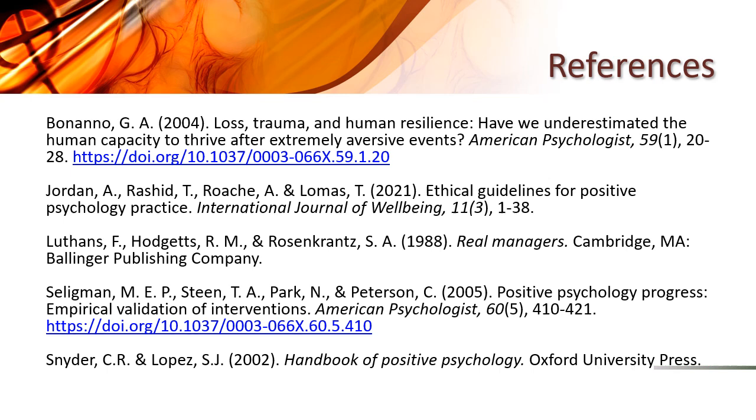And Luthans, Hodgetts, and Rosenkrantz, 1988. Real Managers, Cambridge, MA, Ballinger Publishing Company. And Seligman, Steen, Park, Peterson, 2005. Positive Psychology Progress, Empirical Validation of Interventions. Finally, Snyder and Lopez, 2002. Handbook of Positive Psychology, Oxford University Press.